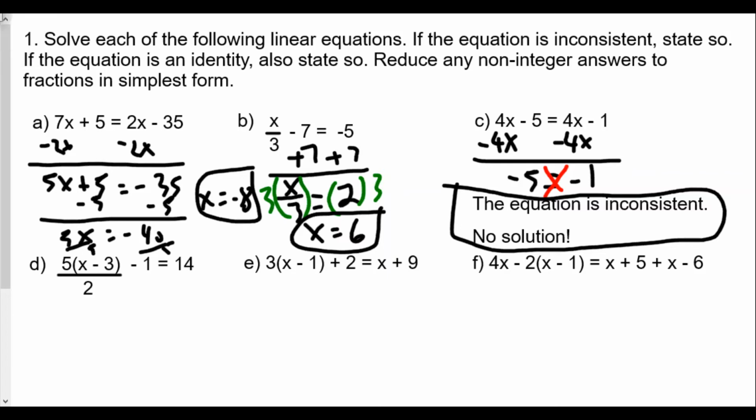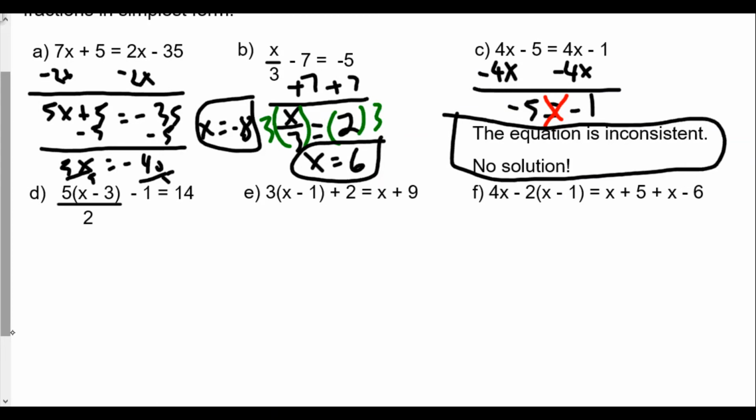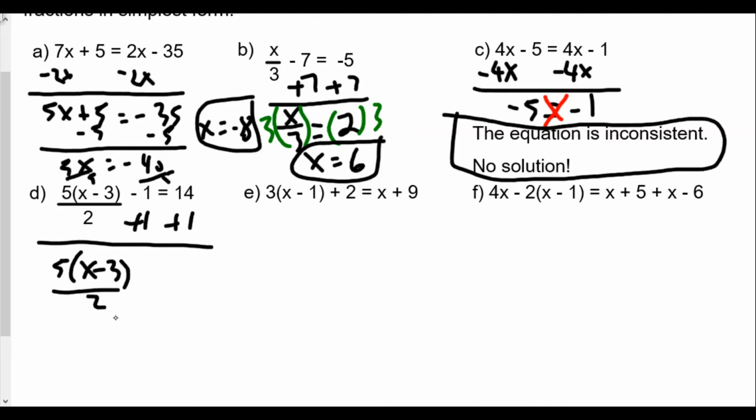Okay, so here we go for part D. We're going to now take care of that straggler of negative 1 here by adding 1 to both sides. So let's get that 5 times x minus 3 over 2 by itself. So now I have 5 times x minus 3 over 2 equals 14. Now what I'm going to do is multiply both sides by the reciprocal of this coefficient.